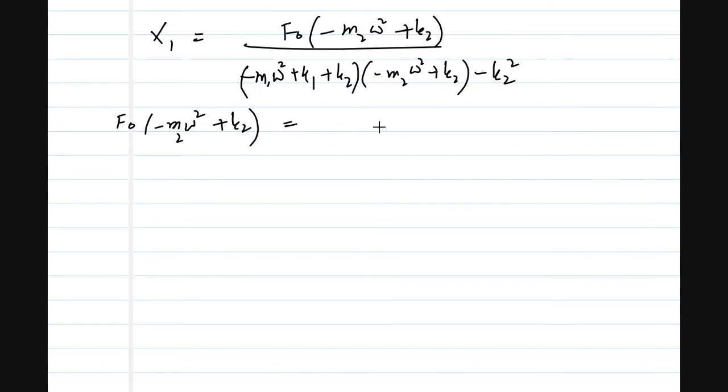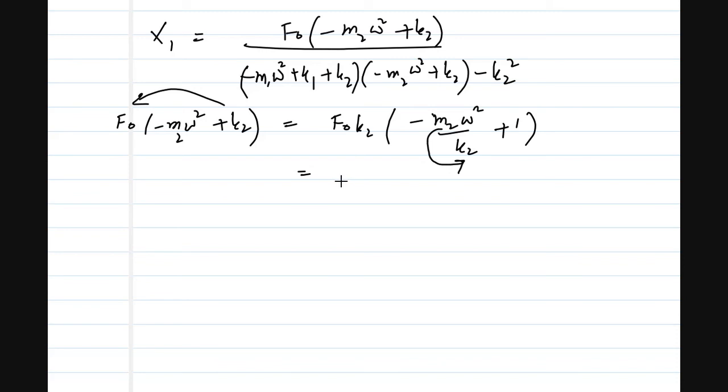If we take k2 common out of the bracket, it comes f naught k2, and this becomes minus m2 omega square over k2 plus 1. If I take m2 into the denominator of k2, it becomes 1 minus omega square over k2 over m2.